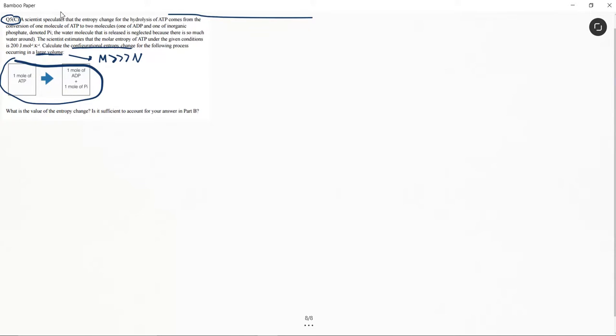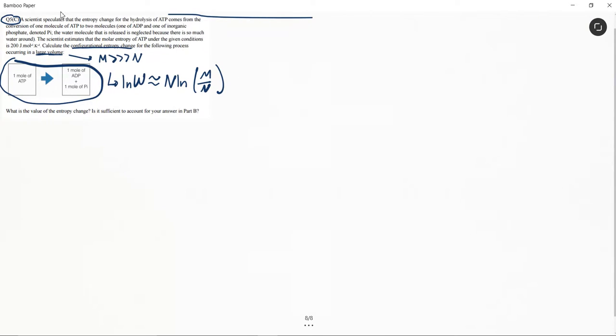We see here 6.022 times 10 to the 23rd ATP, and this one is 2 times that. So we can use the simplification of the multiplicity formula, which if you recall is ln W is approximately equal to n ln(m over n). That's the first thing we should note.